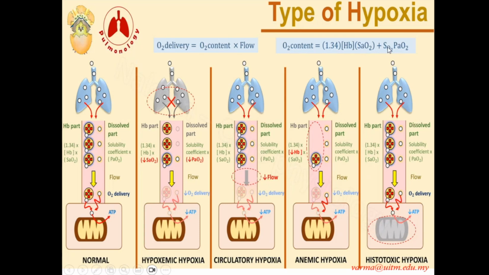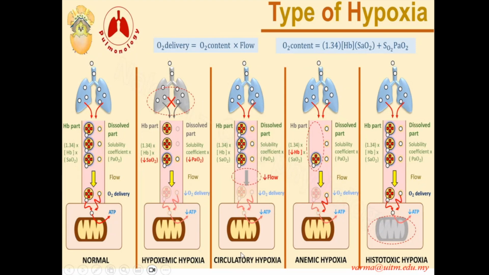Here, SO2 is the solubility of oxygen. We already discussed 0.03 mL of oxygen is dissolved in plasma per millimeter mercury of oxygen. So when PaO2 is low, SaO2 also will be low, so of course the oxygen content will drop. Thus, even though the flow is normal, the oxygen delivery will drop. So that is hypoxemic hypoxia.